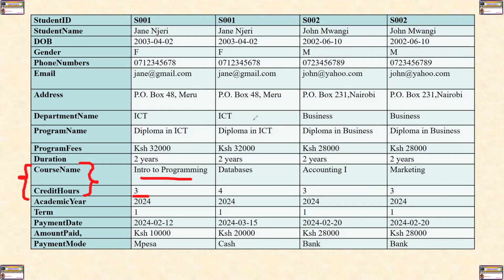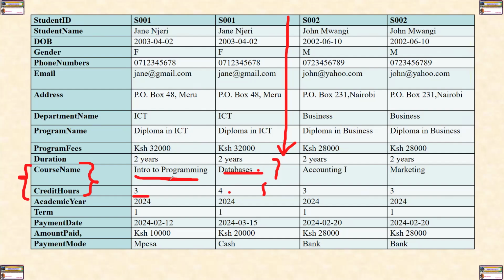Now, the same student is taking another course called database, whose credit hours are 4, and that is why this is another record. So in a real sense, this is one of the areas that has made us duplicate the student, Jane Jerry, to become 2 records, such that in one record we have interactive programming, and in the other record we have databases. So this is where we have a change from what we had before.